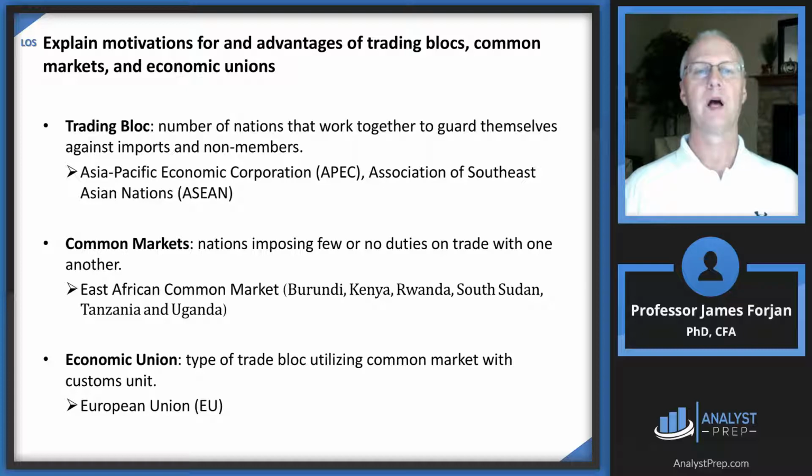How about trading blocs, common markets, and economic unions? These are different names for organizations that get together and try to promote and protect economic development, at least on the domestic side. A trading bloc is just a number of nations that work together to protect themselves against unfair trade, against imports from non-members of the trading bloc.